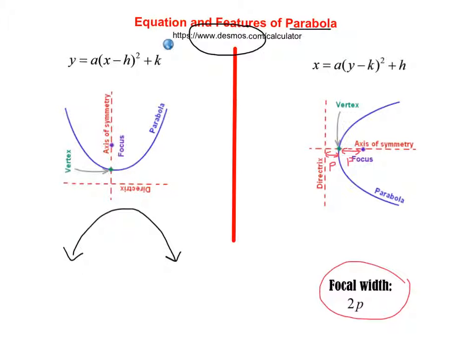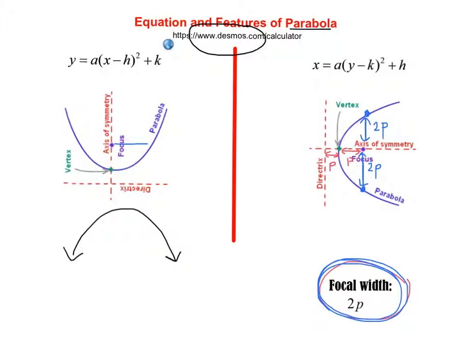Now we can always get two other points on the parabola using the focal width. There will always be 2 points, 2p away from the focus in either direction. This distance here is 2p, and this distance here is 2p. We'll talk about how to calculate what p is, but for now just get an idea of those distances.